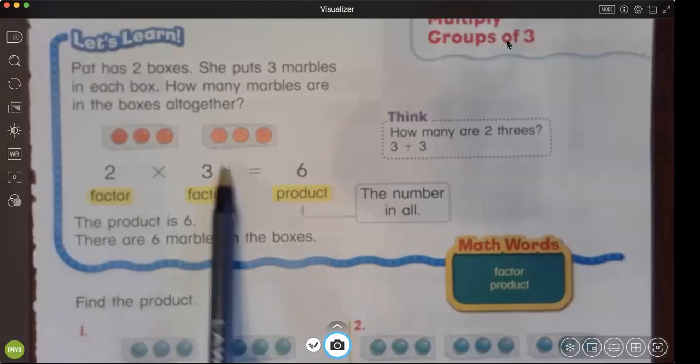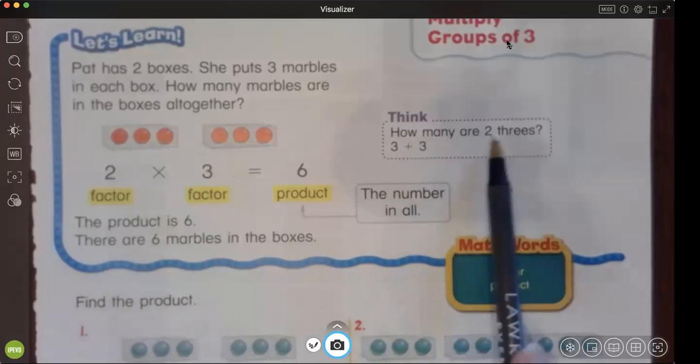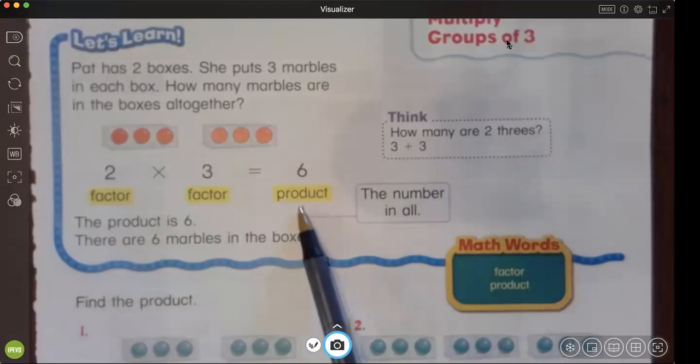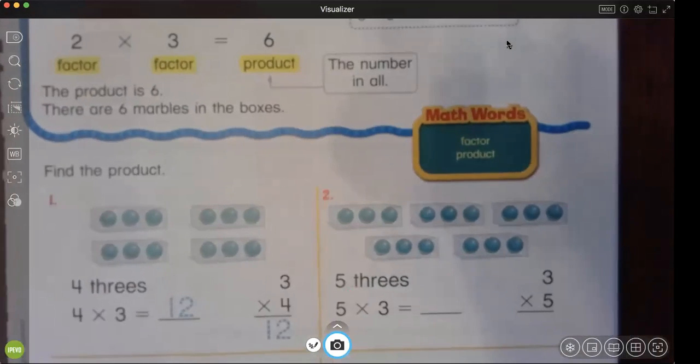That's like saying 3 plus 3. So how many are 2 3s? 3 plus 3, so 6. So our product, our answer, the number in all, 6. Okay? So we're going to be using the words factor and product for this lesson.